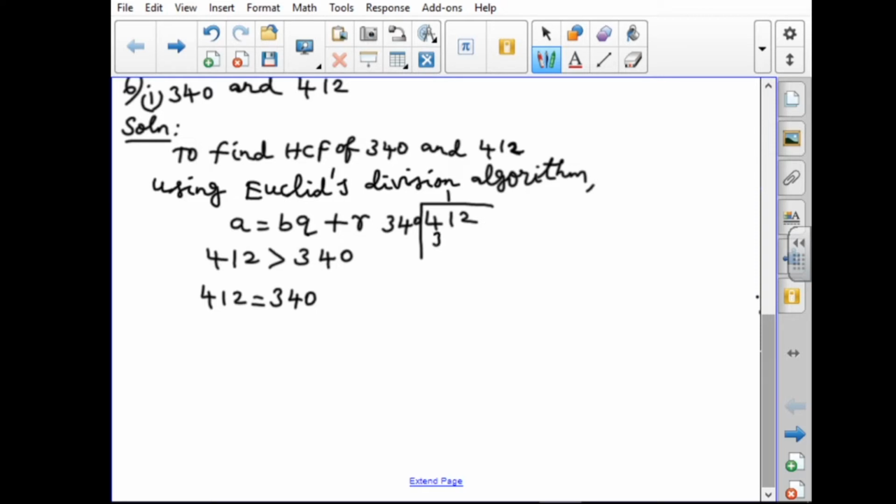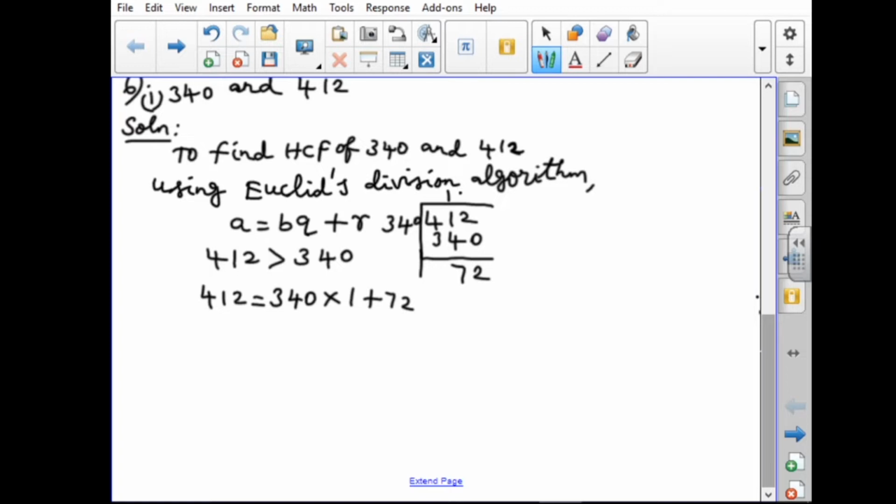So 340, subtracting, we get 72. So this is the quotient and this is the remainder. So 340 into 1 plus 72. We have to write like this. Here the remainder is 72, not yet 0. We have to continue this process until we get the remainder 0.